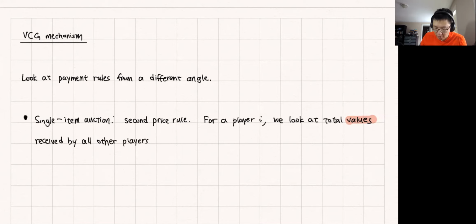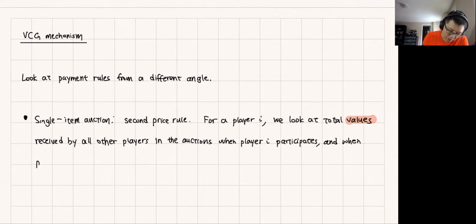So we look at the total values received by all other players in two auctions: the auction when player I participates and the auction when player I abstains.